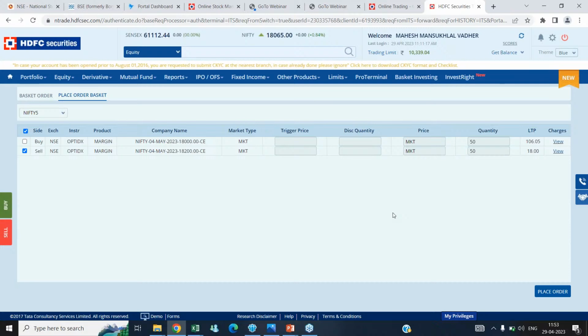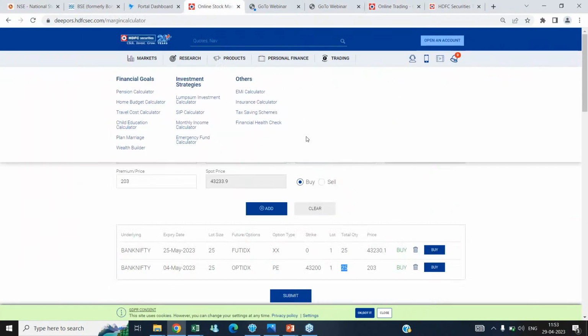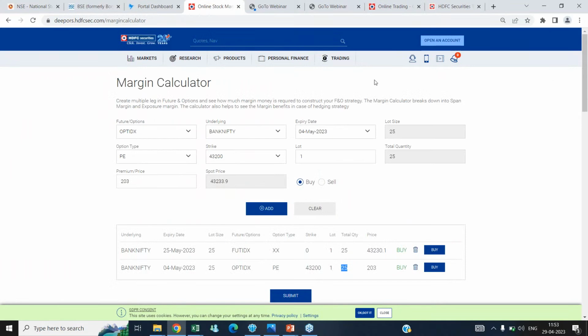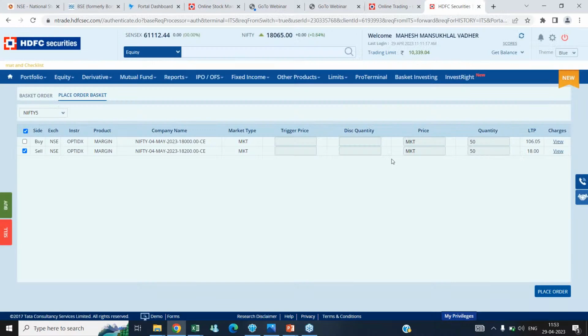So first, to know how much margin is required to execute this order, you can check it from the margin calculator over here, which we have explained. Once you check how much margin is required, you can place both orders, buying the buying leg first and then the selling leg.